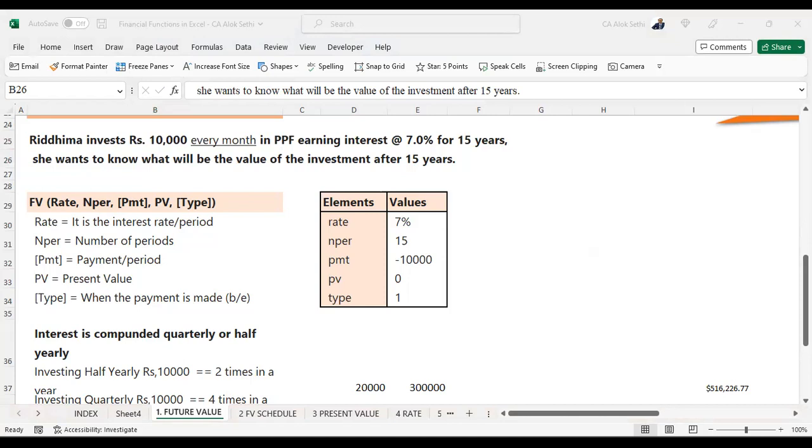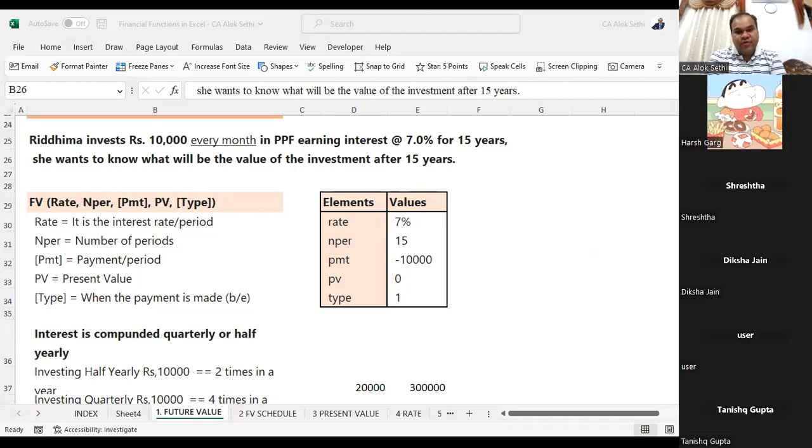Now Shrestha, can you answer this? What will be the PV in this particular case? Investment is recurring. Diksha, PV would be 1? No. What would be PV in this case? What would be the PV in this case? If you have understood the concept, you would be able to answer this. बताइए, what would be the PV in this particular case study? अच्छा, what is PV?